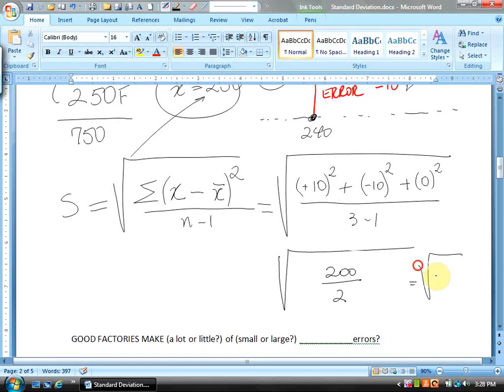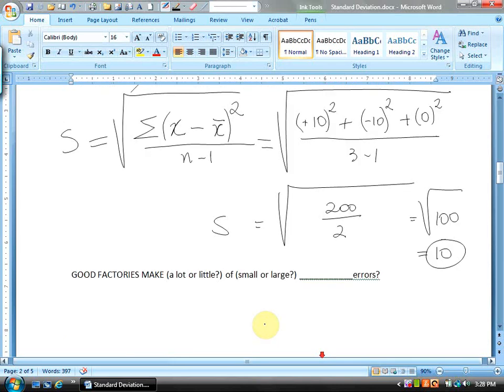So this becomes the square root of 100, and therefore the standard deviation equals 10. Okay, and that's how we found the standard deviation.